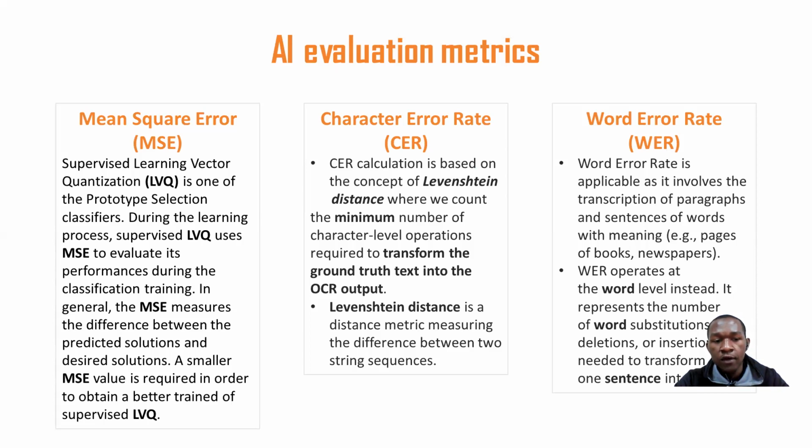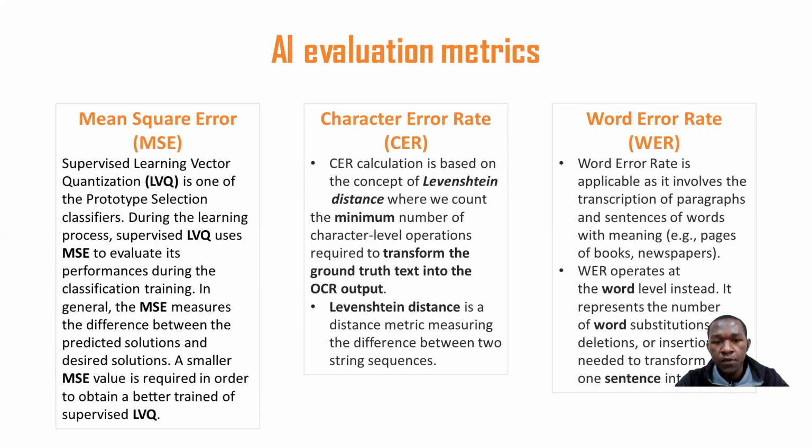In general, the mean square error measures the difference between the predicted solutions and the desired solutions. A smaller mean square error value is required in order to obtain a better trained version of the supervised LVQ. LVQ means learning vector quantization, as earlier depicted.